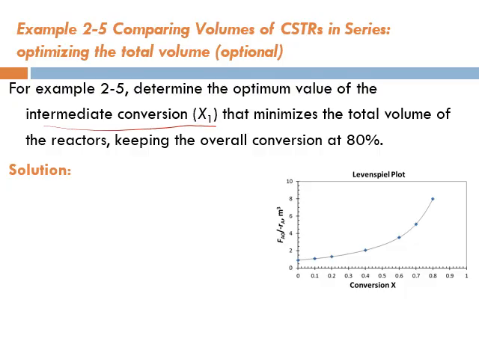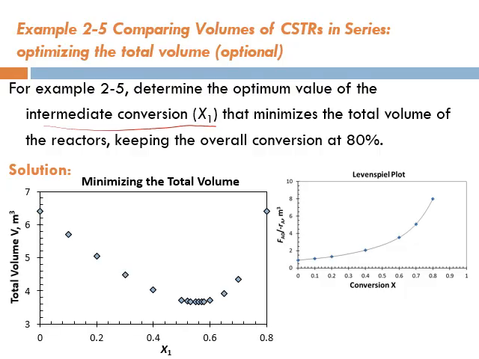Because, you know, if x1 was 80%, that means you don't need the second reactor. Then the volume of the reactor will be 6.4 cubic meter, correct? That's if x1 was 0.8, meaning there is no need for the second reactor. If x1 was 0, meaning there is no first reactor, only the second reactor, then also the volume will be 6.4. So what should be the value of x1 in order to minimize the total volume?